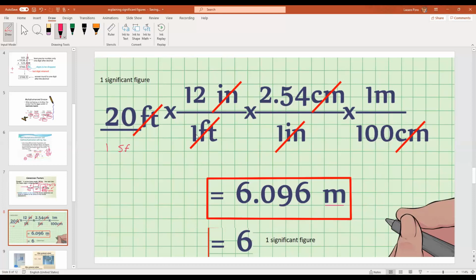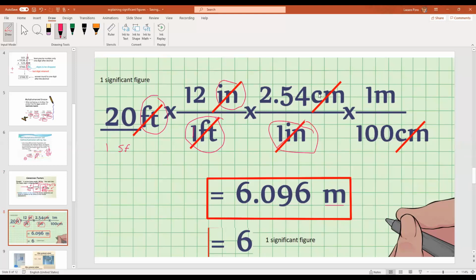You know that in 1 foot, there are 12 inches. And I put it this way in such a way that I can cancel feet with feet. Later, you say, in 1 inch, I have 2.54 centimeters. And I put this way in order to cancel inches with inches.